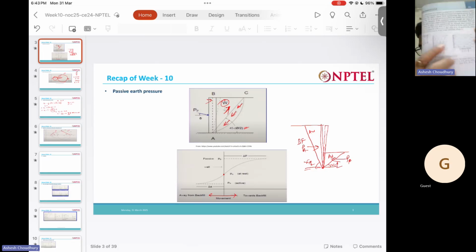These are conjugate pairs. So similarly, in the actual wedge you can have two pairs. Here these are inclined at 45 plus phi by 2 and here these are inclined at 45 minus phi by 2.